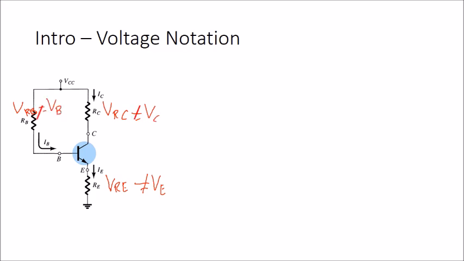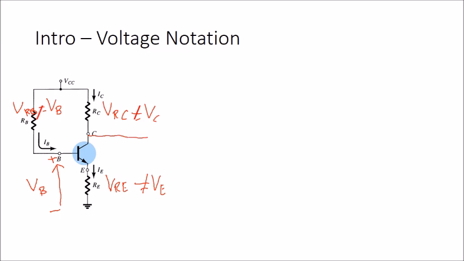In a transistor, we always use VB for the base voltage, which is here. This is the positive, and this is the ground, so it should be minus. So VB is between the base and the ground terminal. For the VC, it's from here to here.